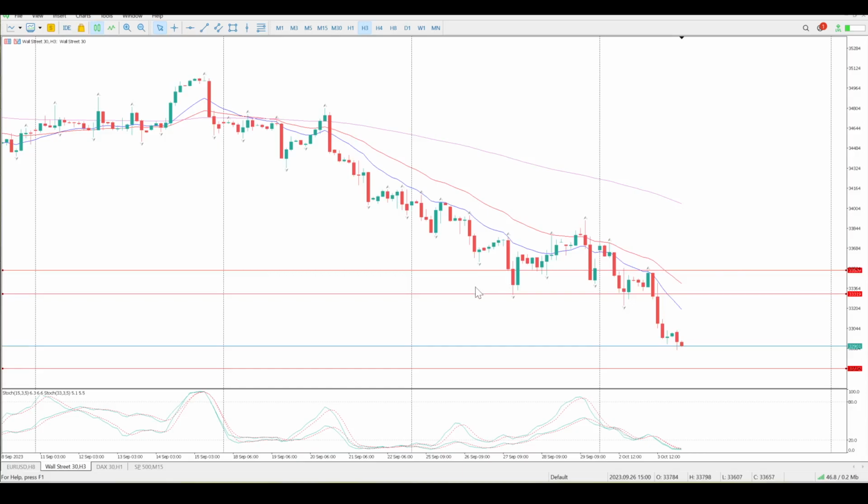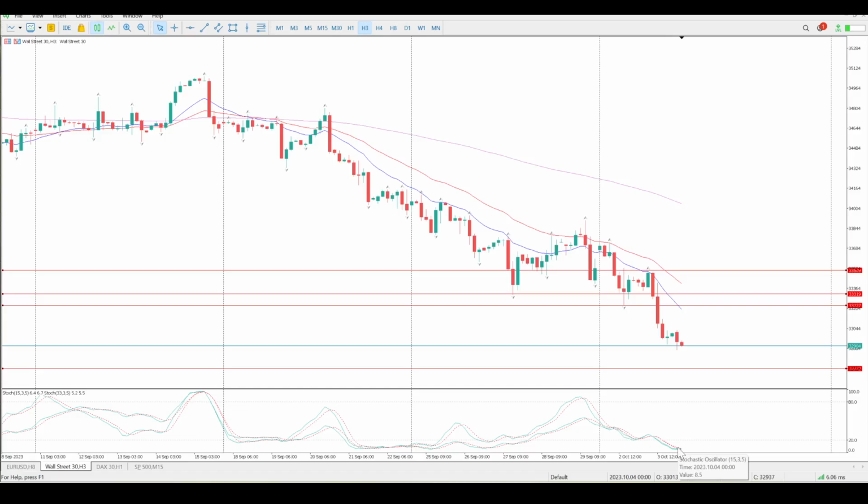Now on the 3-hour, there's one more level that comes into play, and that is this range bar. We spoke about this yesterday, and you can see top of the range, bottom of the range. We tagged the top and then broke to the bottom. So the trend is down, but look at how oversold we are at the moment.